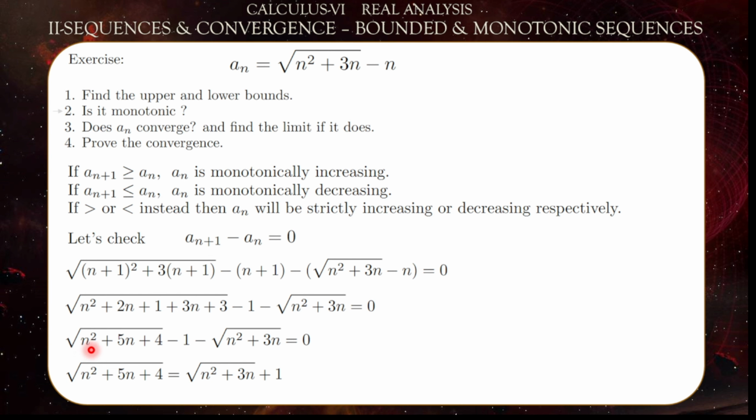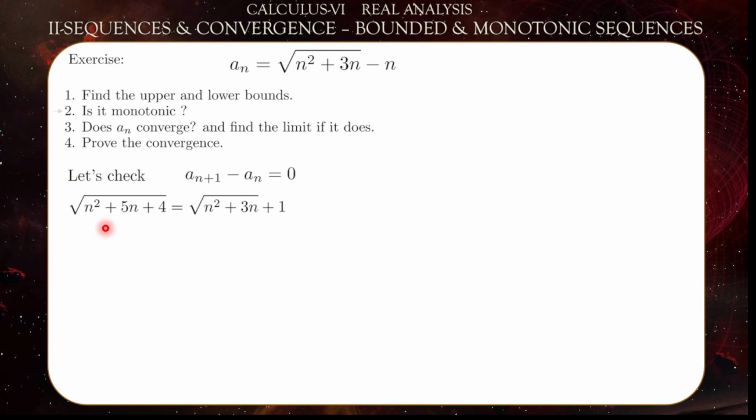Square root of n squared plus 5n plus 4, minus 1, minus square root of n squared plus 3n is equal to 0. So square root of n squared plus 5n plus 4 is equal to square root of n squared plus 3n plus 1, and we need to square both sides of the equation.